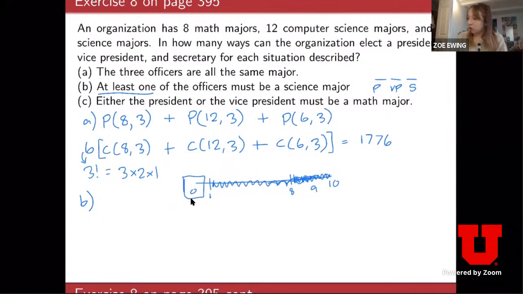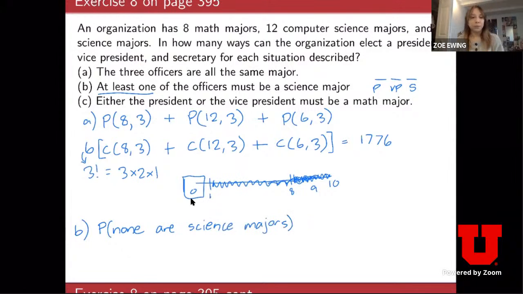Okay, so for part B, let's use the complement in this case because it's at least 1, so it's a lot easier to just find the 1 value. Let's find the probability that none of the officers are science majors. Okay, so we still want to use the permutation.